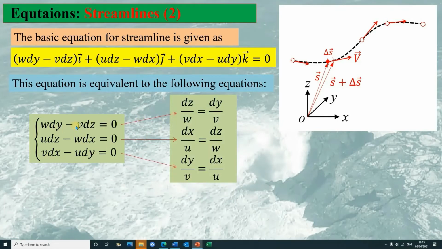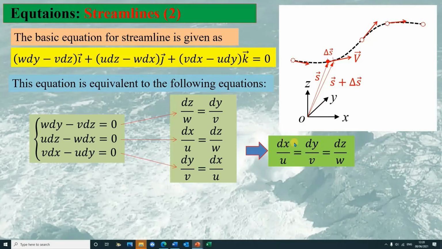And we can write these equations in a different format. So the first equation would be expressed as dz divided by w equals dy divided by v, and so on. From these three equations, we can obtain the equation as this.